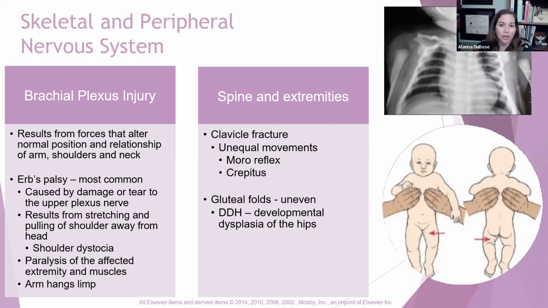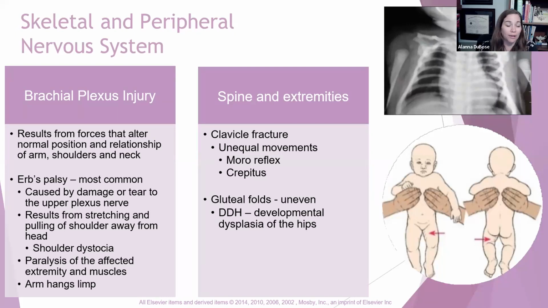But most of the time when we're talking about birth injuries, it's referring to major events during a vaginal birth that cause injury to the baby. Not necessarily anyone's fault per se, but it's just a risk of delivery.